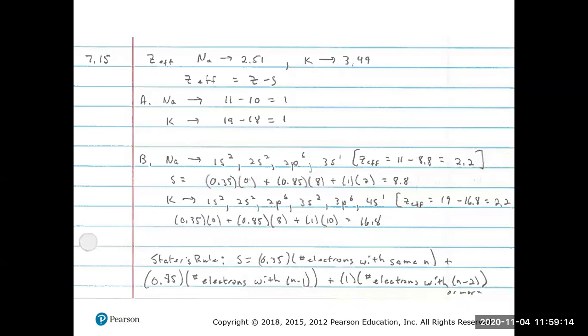And that's where we get a total of 10 electrons there with that fully shielding 1 value. So we would have 0 electrons from the 4 level, 8 electrons from the 3 level, and 10 electrons from the 2 and 1 levels. We add those up and we get 16.8 as our shielding constant. And interestingly enough, we subtract that from the atomic number and we get 2.2 as the value.